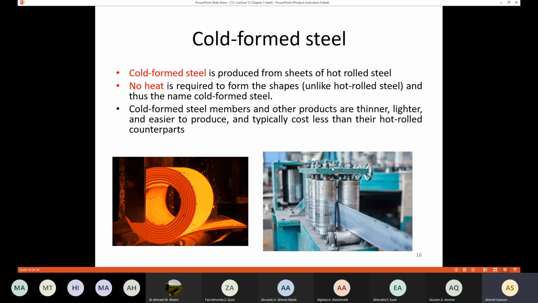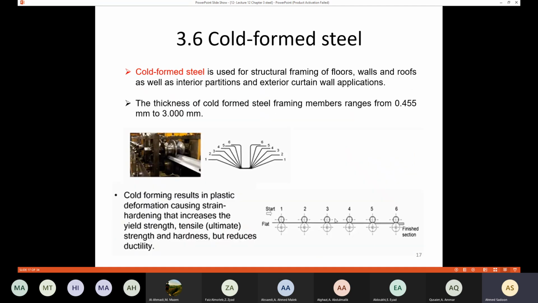The cold form steel is used for structural framing on the floor, walls, and roof, as well as interior partitions and exterior curtain wall applications. The thickness of the cold form steel framing members ranges from 0.455 millimeter to 3 millimeter.